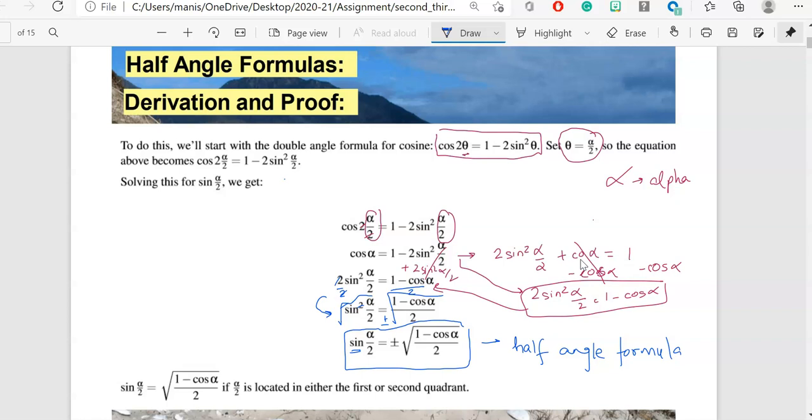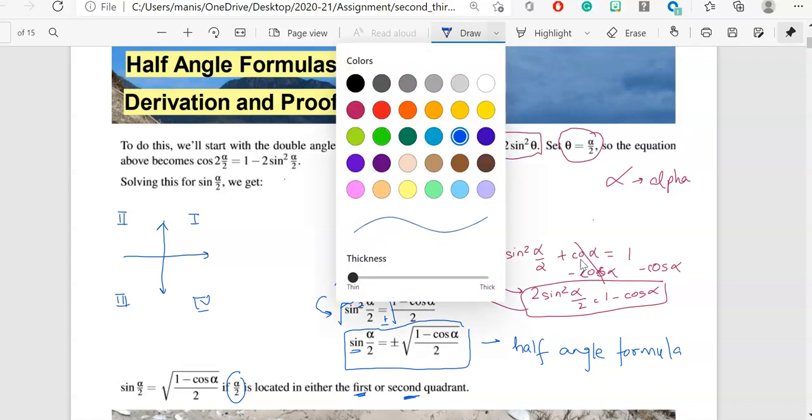Now it says it will be plus when alpha over 2 is either in the first quadrant or in the second quadrant. If you remember, we have already learned about the quadrants. This is your first quadrant, this is your second quadrant, this is your third quadrant, and this is your fourth quadrant. What happens in the first quadrant?